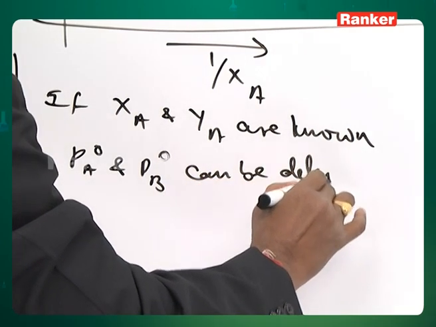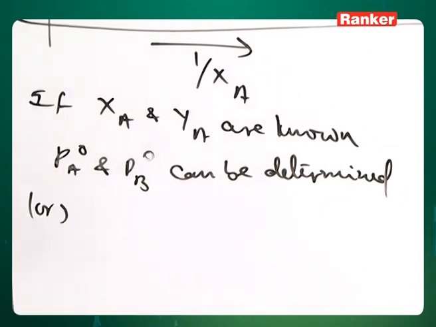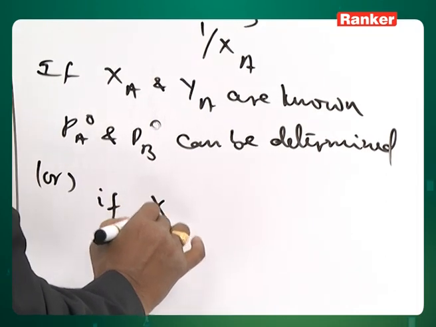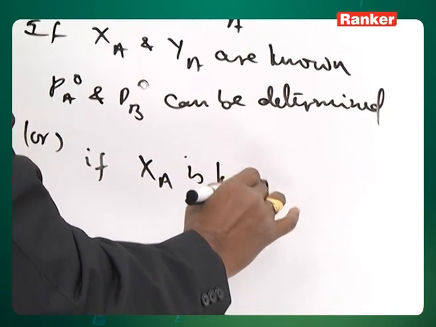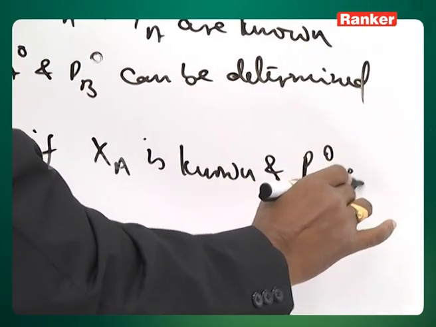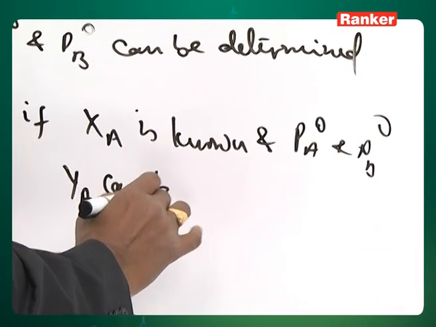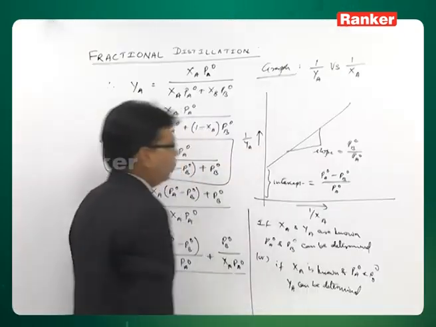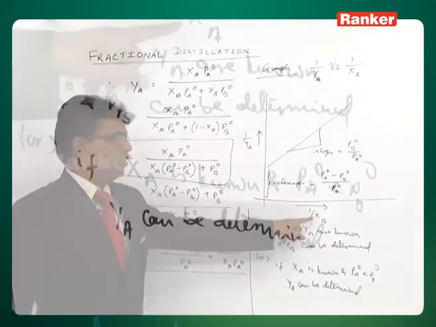Or, if Xa is known and Pa naught and Pb naught are also known, then Ya can be determined.